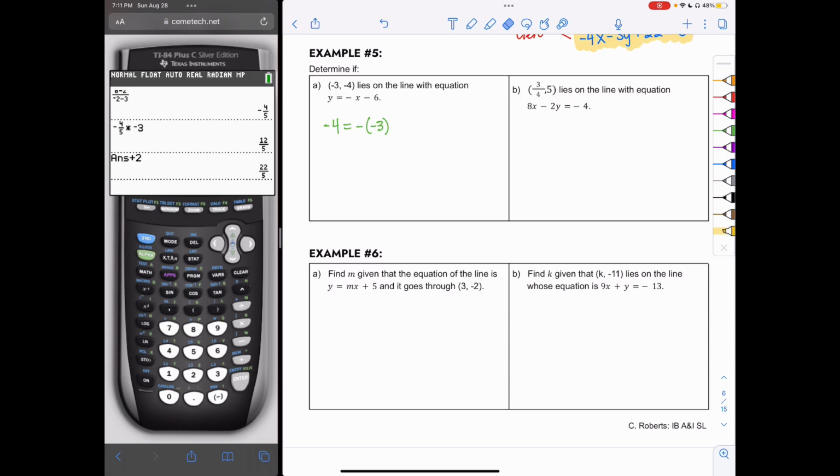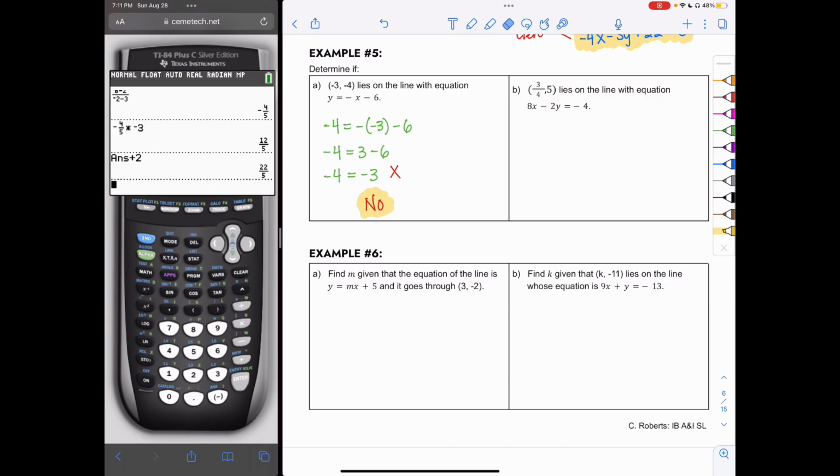Be very careful there. Your x is negative 3, not negative x. So I'm going to have negative 4 is equal to negative 3, and then that's going to be minus 6. If I simplify, I get negative 4 is equal to 3 minus 6. 3 minus 6 is negative 3. Negative 4 is not equal to negative 3, so it is not on the line.